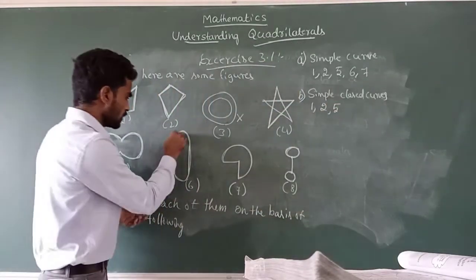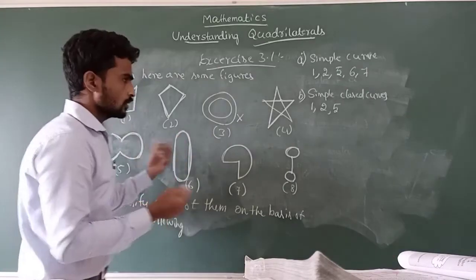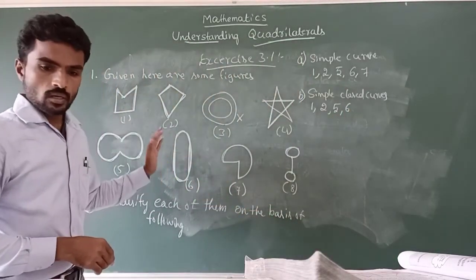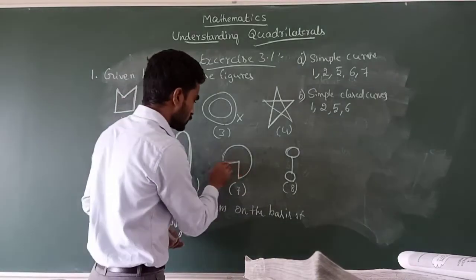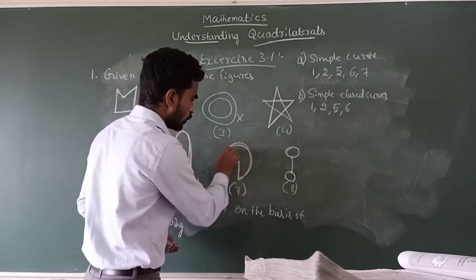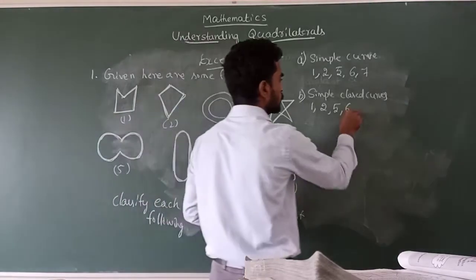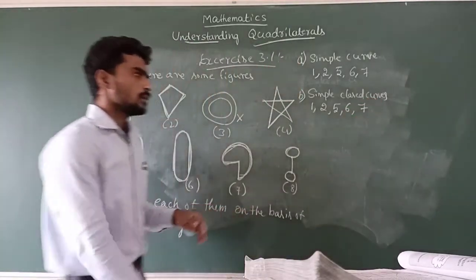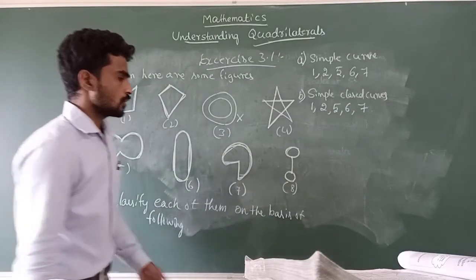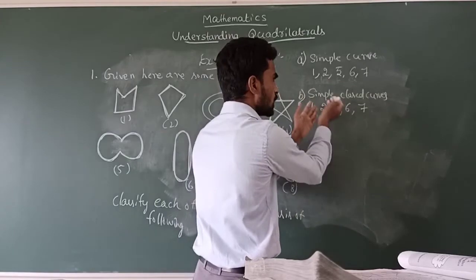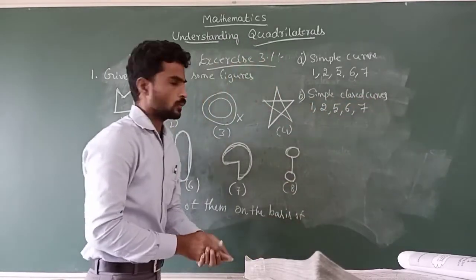Then observe this one, this is already closed, therefore this is also an example for simple closed curve. Now this is also closed, there is no open space in this figure, therefore this is also an example for simple closed curve. But it is not a simple curve, then it is also not a simple closed curve.